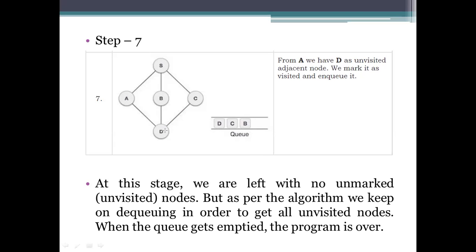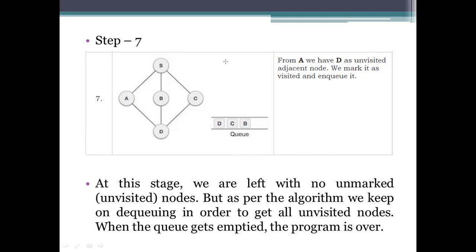If there is any adjacent node, it will be enqueued into this queue. If not, the traversal of these nodes will be stopped there itself. And we dequeue all the elements of that queue, and we say the queue is empty.